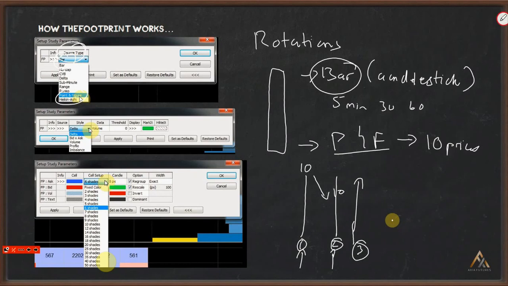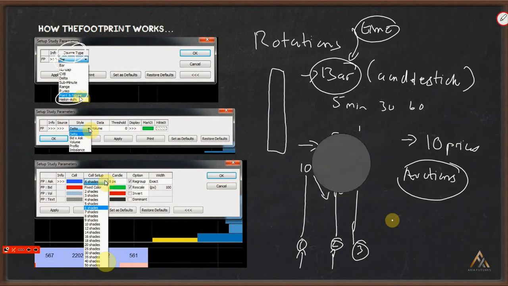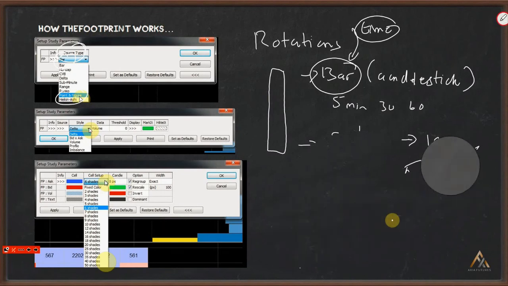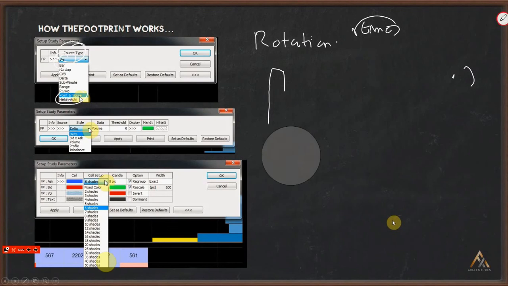So I'm going to keep it very simple. We're only going to utilize the bar, because with bar we can play with time, and then the point and figure, because the point and figure is particularly good for looking at auctions. Those are the 2 types of rotations you are going to deal with throughout the footprint course.